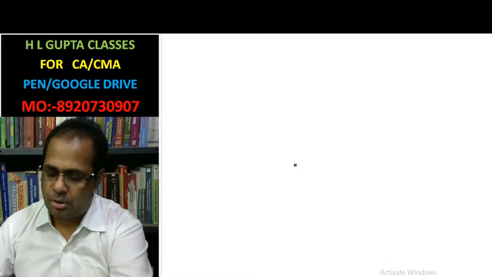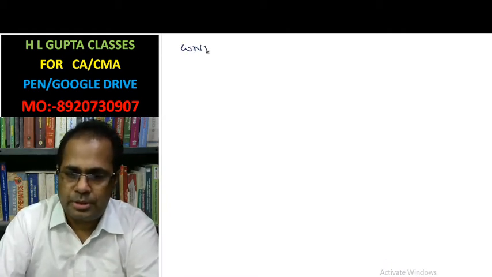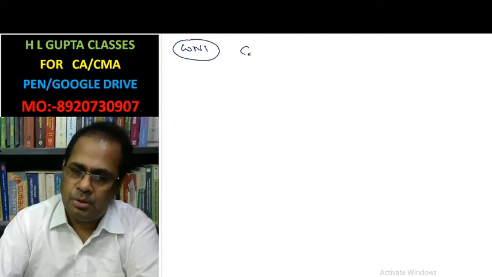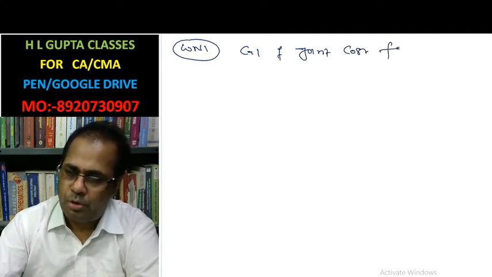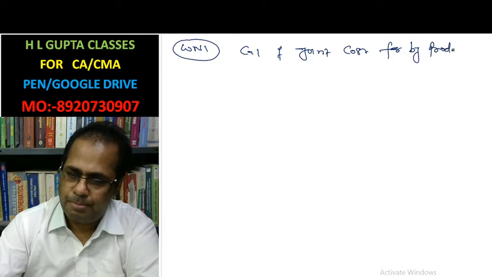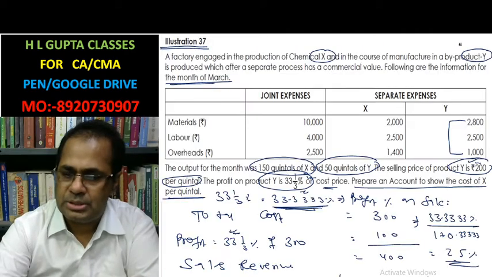Look at it. Working note first: calculation of joint cost for byproduct. What is the name of the byproduct?